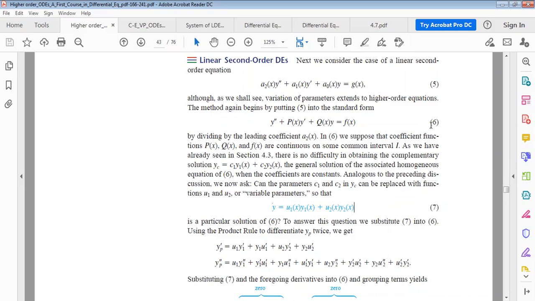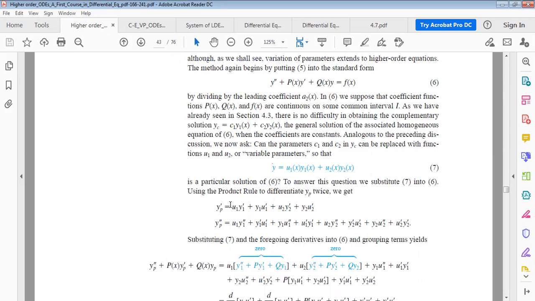That means equation 6. To answer these questions, we substitute 7 into 6 with the product rule, the same UV process method. Taking the differentiation on both sides, we get this, and the double differentiation will be this.